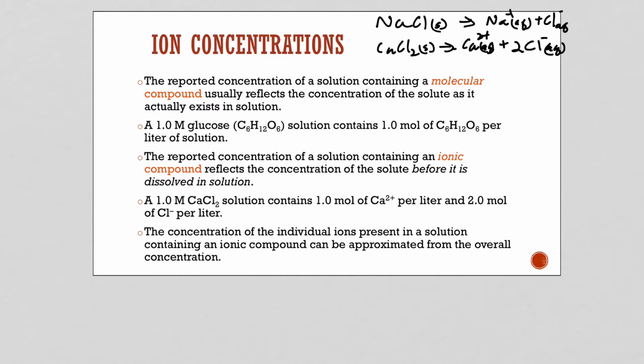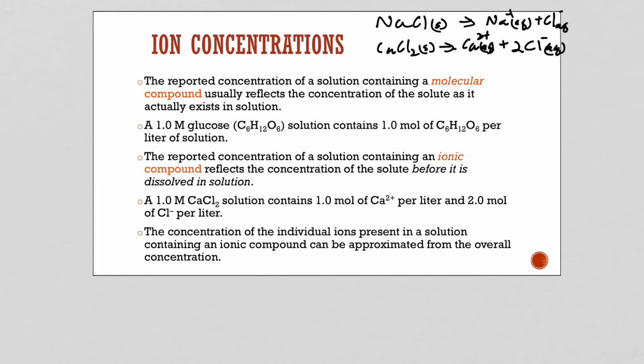Now, what we can think about here is calculating that ion concentration. So, if we think about that 1 molar glucose solution, right? It contains 1 mole of glucose per liter, right? Because, again, it doesn't break down into multiple pieces.